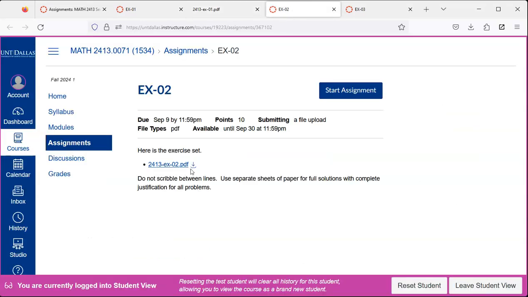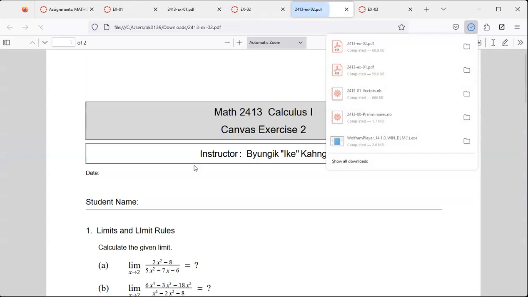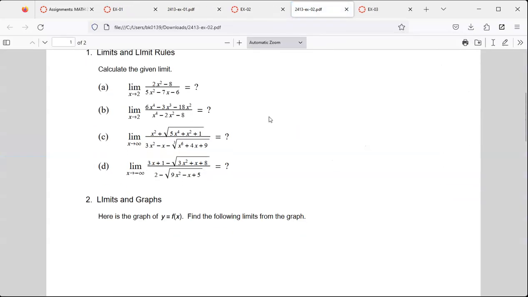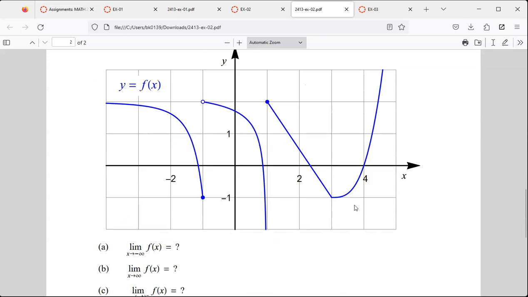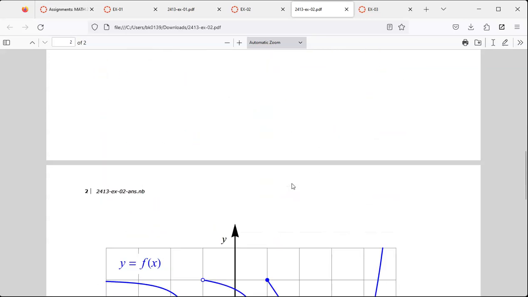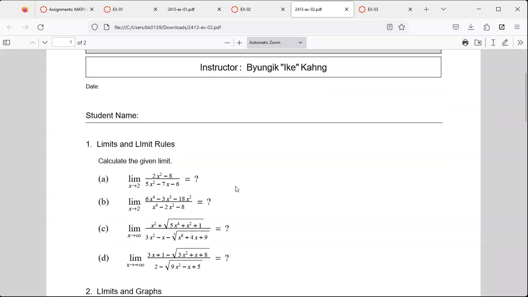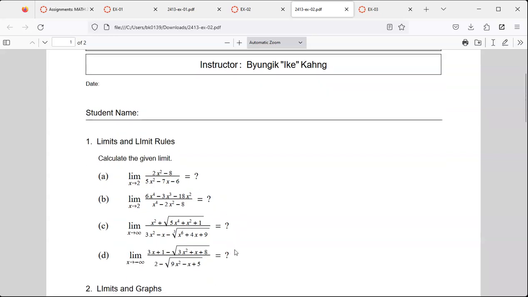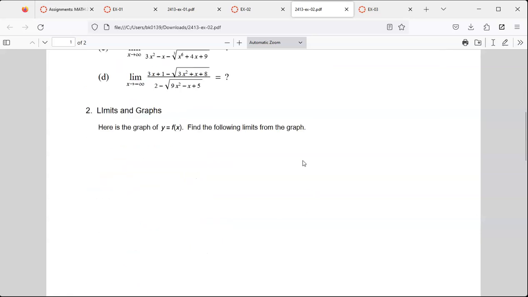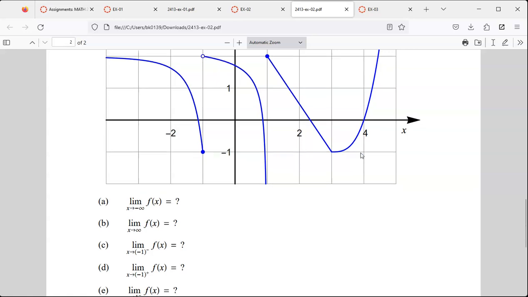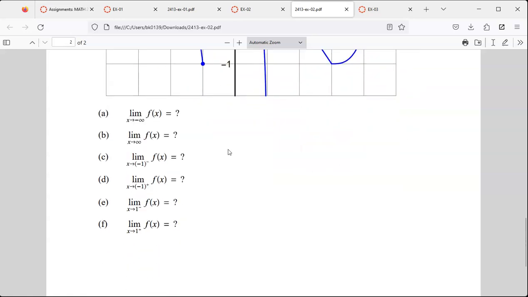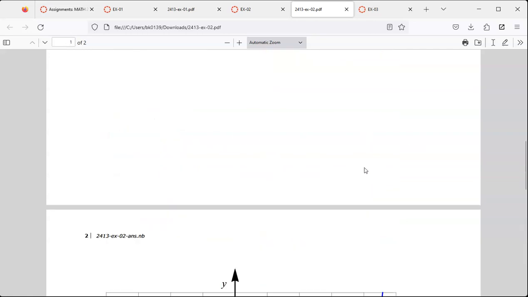Justifications are important. Here's another exam problem set. We'll have all these problems, and then more problems here. And again, if you just write the answer, you're going to get only half the credit at best. Some of the problems you cannot really write the justification for, like these graph problems. In that case, just the answers alone.